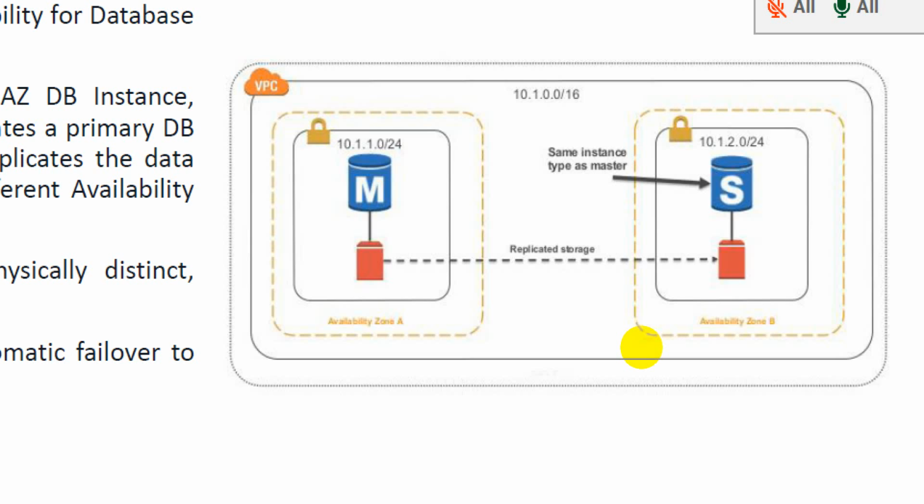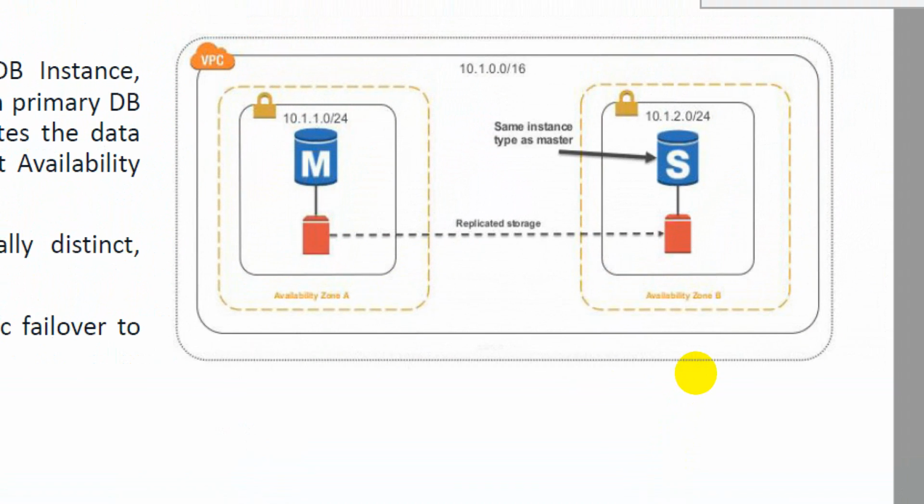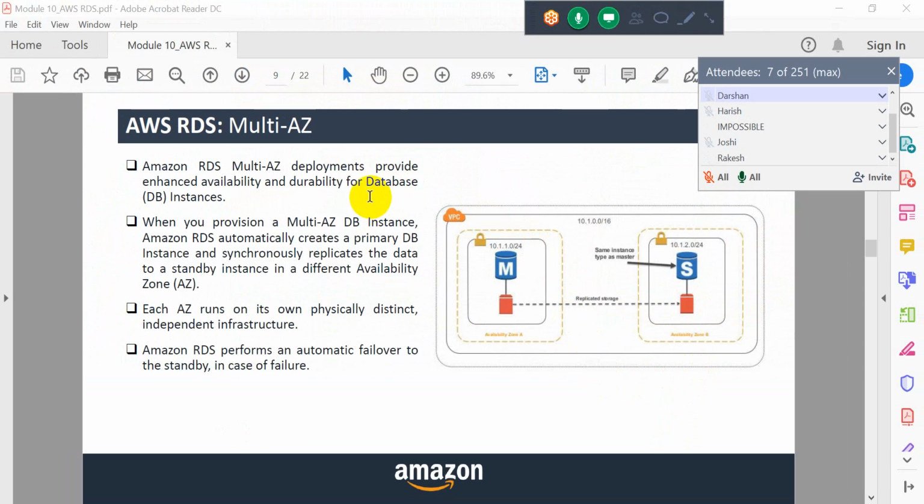What happens in this case is that your data remains on your master. For example, this is your website, web server, or application, maybe in the cloud. Somebody is trying to connect to this database; they are connected to this master. If the master is down, then the second one is going to take over.